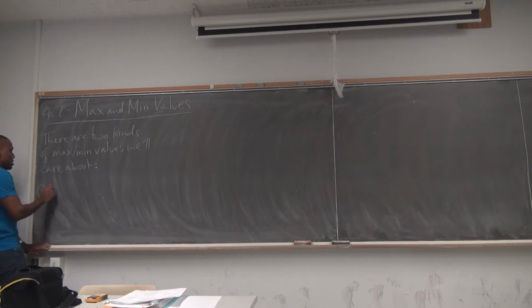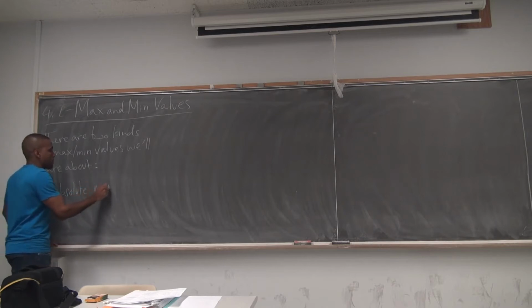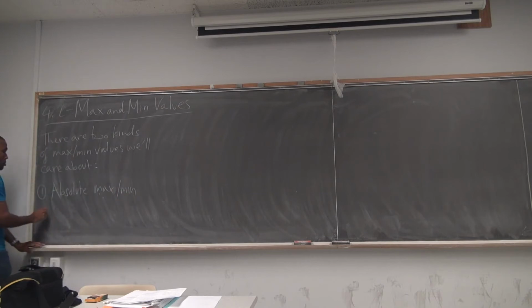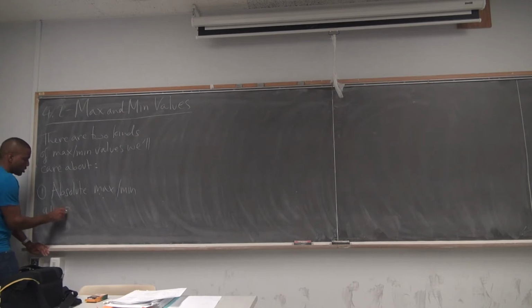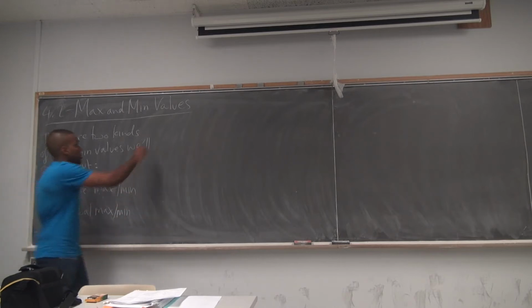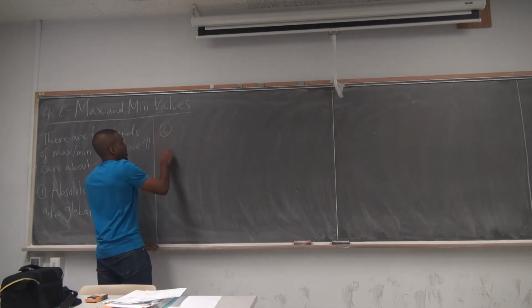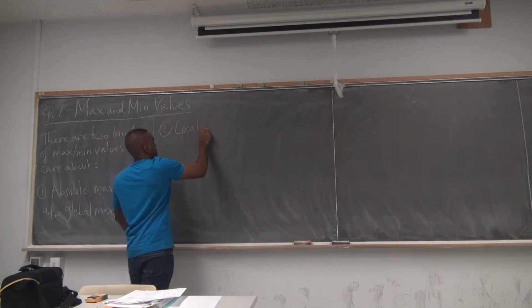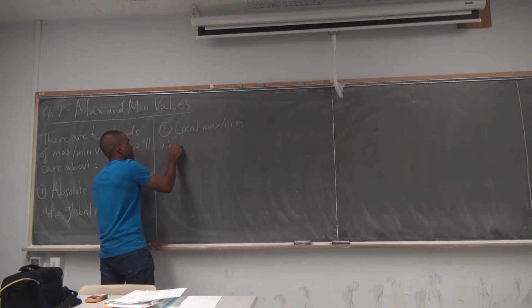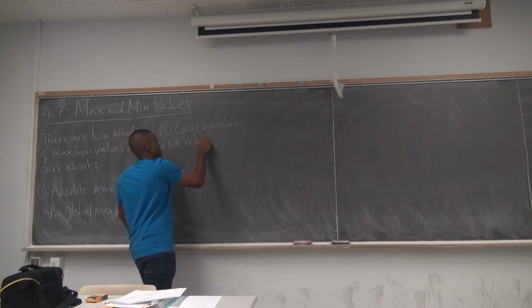One is called absolute maximums and minimums, also referred to as global maximums and minimums. The second type is called local maximums and minimums, also known as relative maximums and minimums.